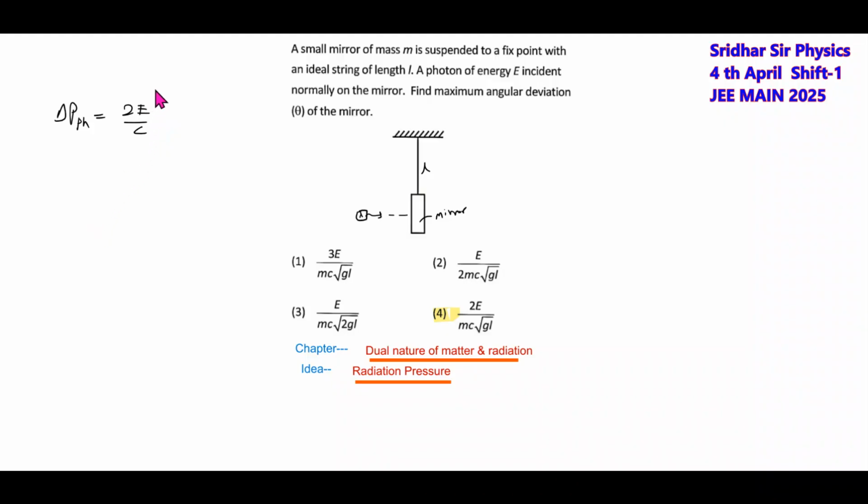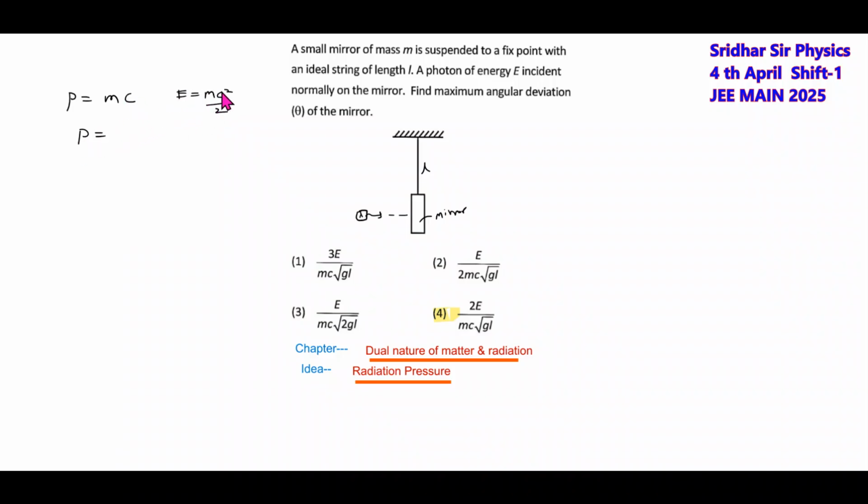Okay, sir, not understanding anything. Please explain clearly. So we'll do one thing. Momentum, how do you write? Mass into velocity. Mass into c. Energy, kinetic energy equal to mc square by 2.